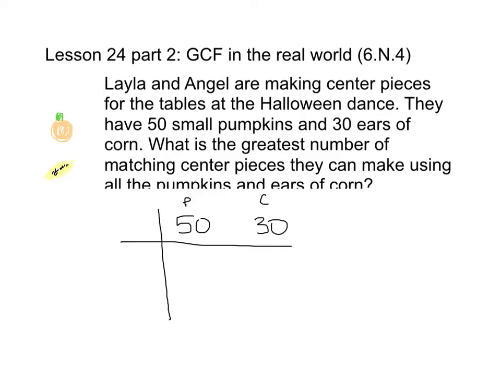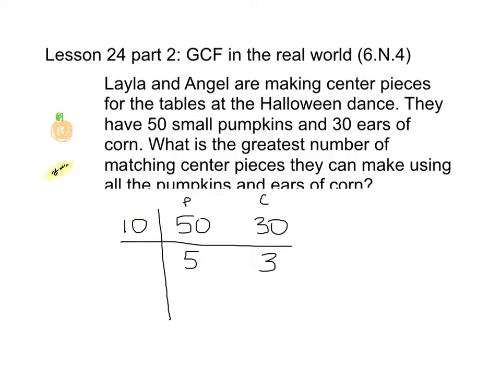So I just do the math like I did yesterday, or the day we did the first part of lesson 24, and I'm looking at these numbers to find out what number will divide evenly into both of them. Well, I notice they both end in a 0, so I'm going to go for the biggest number I can. A 10 will divide evenly into both of them. 10 goes into 50 5 times, and 10 goes into 30 3 times, because 5 times 10 is 50, and 3 times 10 is 30.